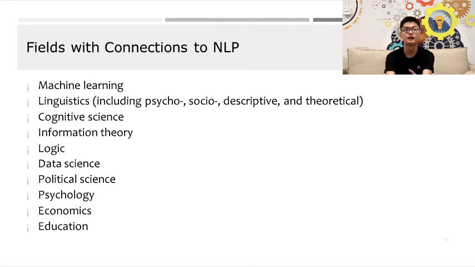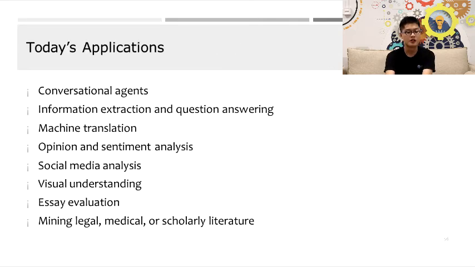Nowadays, NLP is widely used not just in machine learning itself, but also in linguistics, cognitive science, which is about how people perceive and understand things and also how they form their emotions, information theory, how information is transmitted, logic, data science, and social sciences like political science, psychology, economics, and also education. In today's applications, NLP is widely applied in conversational agents, information extraction and question answering agents, and so on.